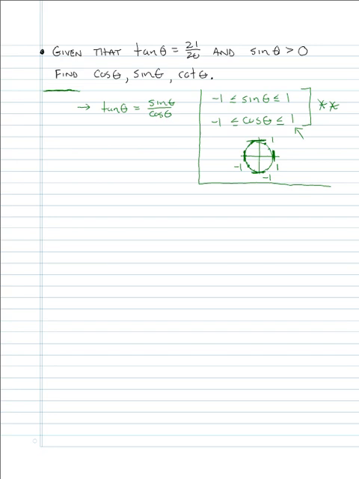It's always between -1 and +1. So it is very important that we understand that the sine of theta and the cosine of theta are numbers always between -1 and +1. Now, they could be -1, they could be +1, but they can't be less than -1 or greater than 1. In between. Okay, so we get that out of the way.